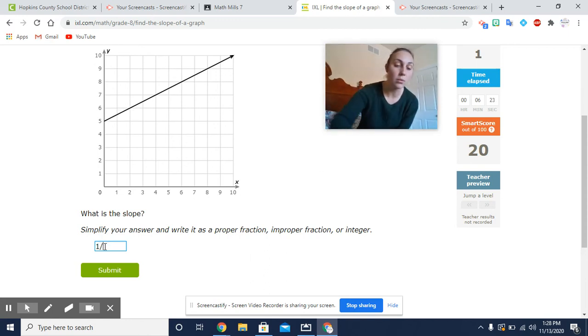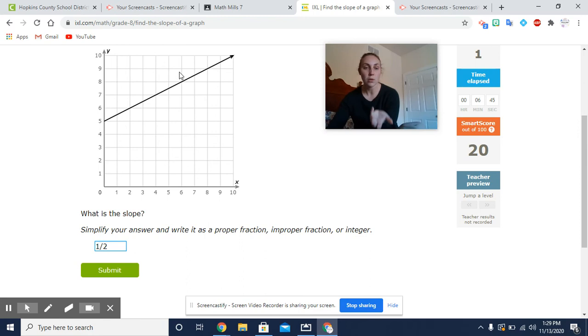So our denominator will be a 2. So this is 1/2. And as you notice, that will be the same as we go up this line. It'll be consistently that way. We rose 1 time, moved to the right 2 times to get to a point. Again, you can move up 1 time, move over 2 times, move up 1 time, move over 2 times, and that will be the slope no matter what.